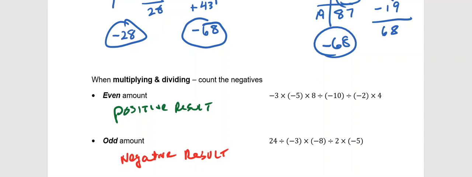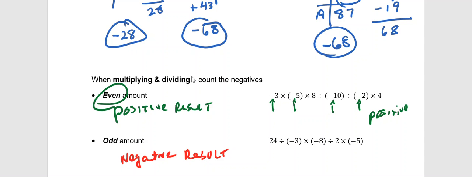So you can see, going back here, I have 1, 2, 3, 4 negatives. That's an even amount. So by the time I'm done doing my multiplying and dividing left to right, I'm going to get a positive answer here.